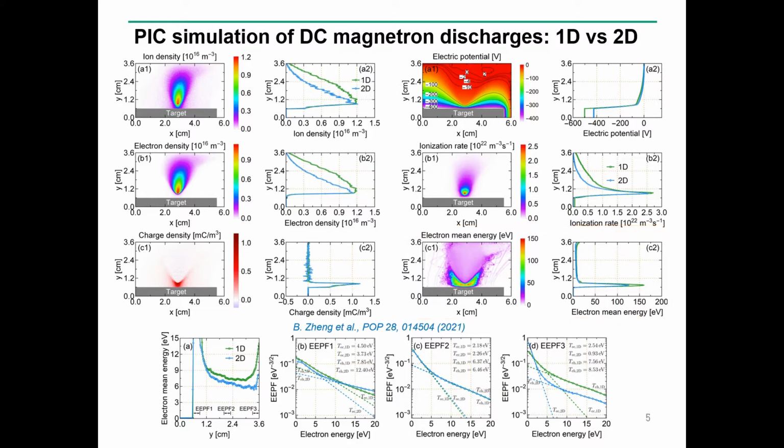We also diagnosed the electron energy probability functions in different discharge regions, and it is found that both 1D and 2D simulations capture a typical discharge characteristic of DC magnetron sputtering, that the electrons have a boosted high energy tail. The EEPFs in the bulk plasma region are almost identical, while the differences in the cathode and anode sheath regions have little influence on the discharge.